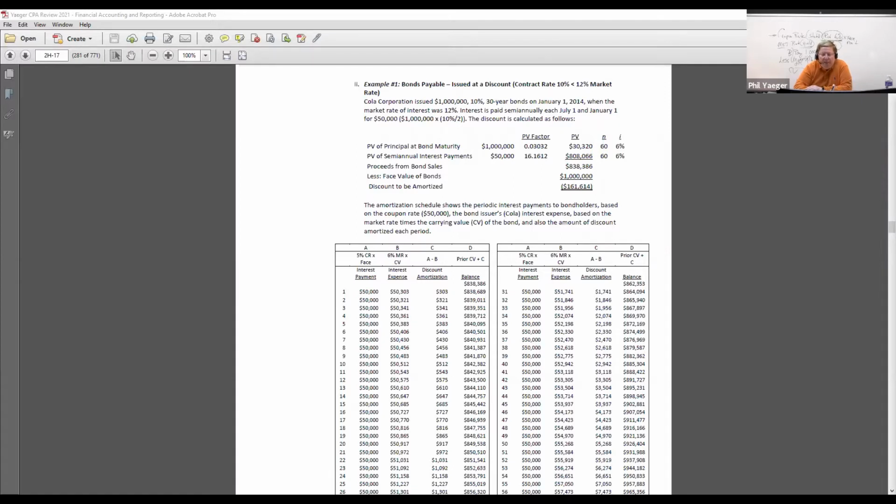Now, I got the side note board. Is the lease amortization schedule and the bonds amortization schedule pretty much the same? When you take out a lease, you're actually borrowing the money and using some type of equipment.